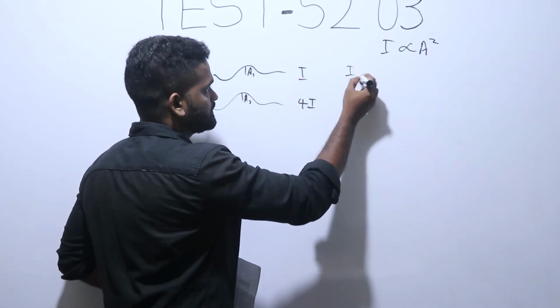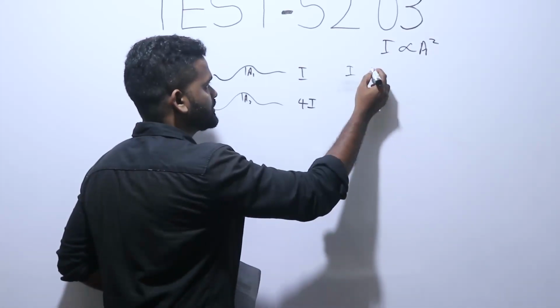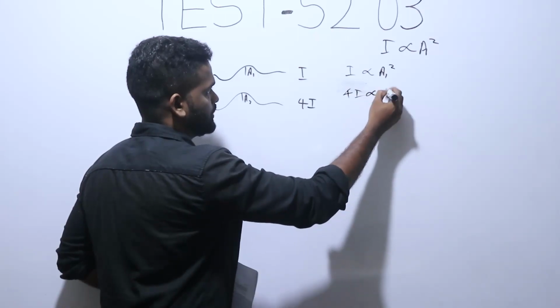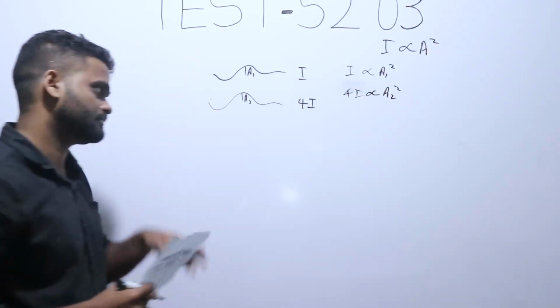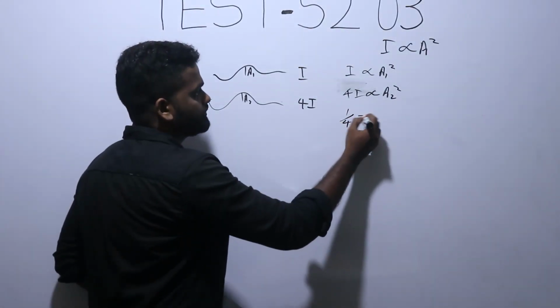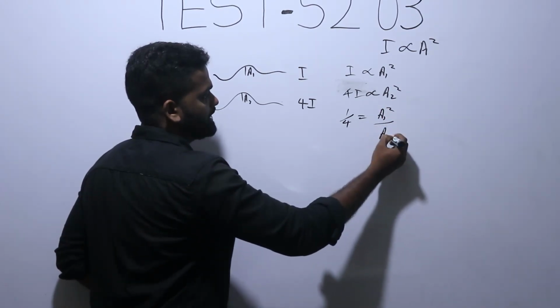So if I just... I is proportional to A1 squared, 4I is proportional to A2 squared. If you divide, 1 over 4 is equal to A1 squared divided by A2 squared.